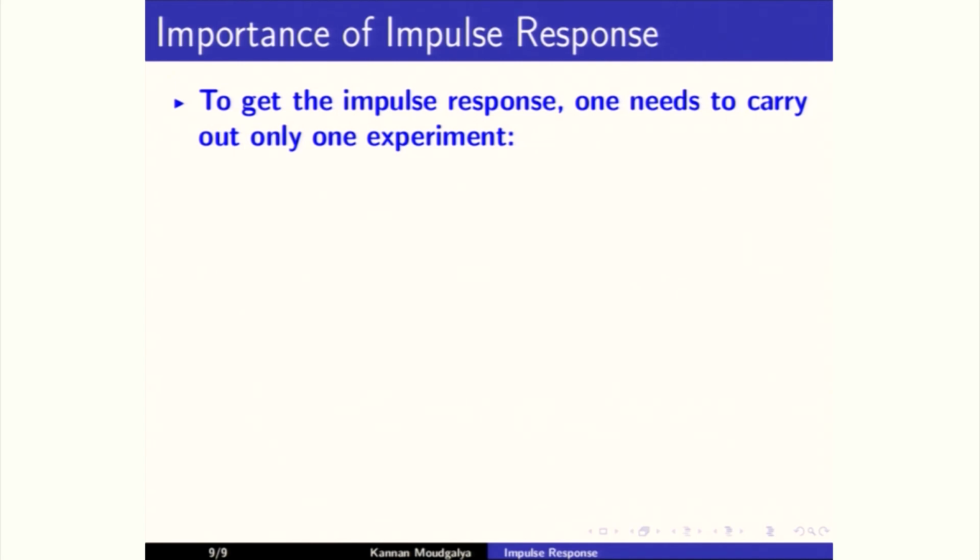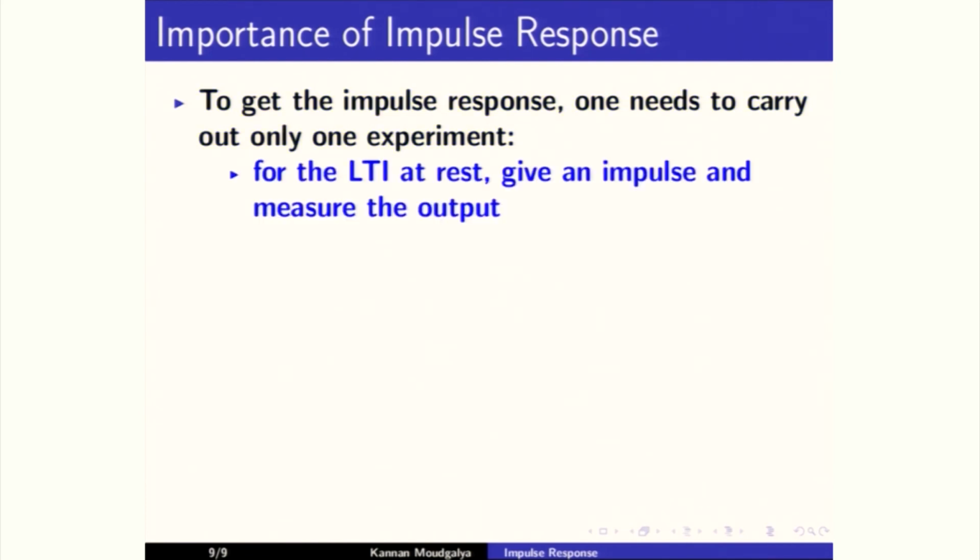To get the impulse response, one needs to carry out only one experiment. What is that? For the LTI at rest, that is, you take the initial condition to be 0, so that it is linear from input output perspective, give an impulse and measure the output, that is, you measure g of n. Mind you, you have to measure only g of n.